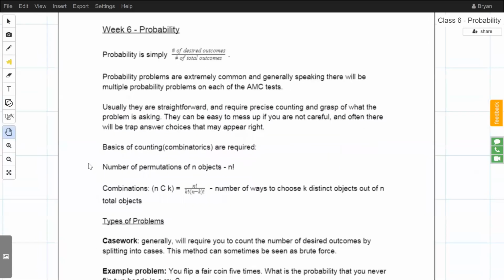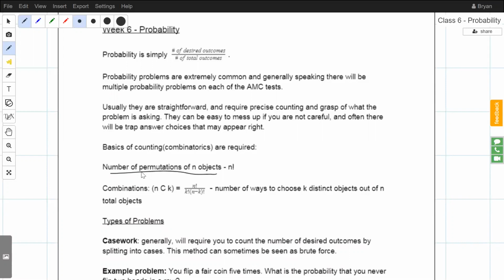Anyway, a few things you need to know before you do most probability problems are basic counting concepts, starting with orderings. The number of permutations of n objects is n factorial.